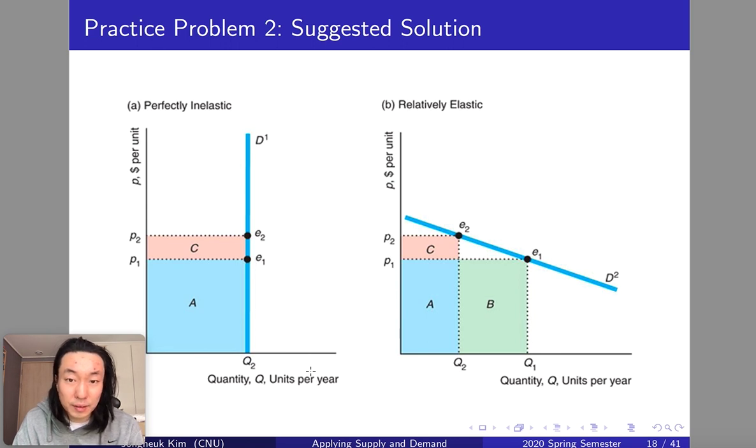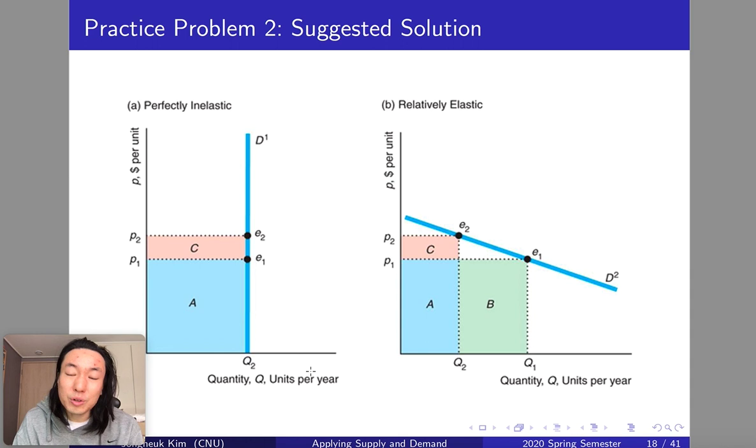But if your consumers' demand is relatively elastic, like the second graph, B, and you increase your price level from P1 to P2, then you're going to get more revenue by C, but you're going to lose revenue by B. It looks like B is larger than C, so you're going to lose revenue.